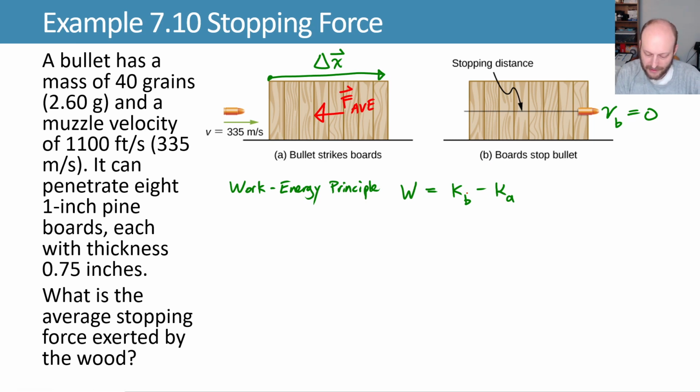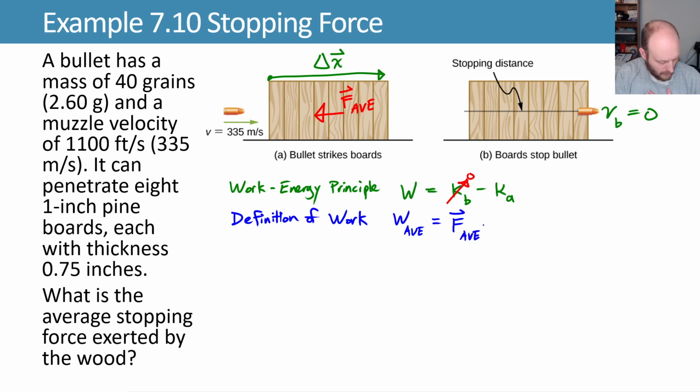Finally, if our velocity is 0, we'll end up with 0 kinetic energy. This gives us work equals the negative of whatever kinetic energy we started with initially. Let's further bring in the definition of work, where work is the average force dotted with our displacement.